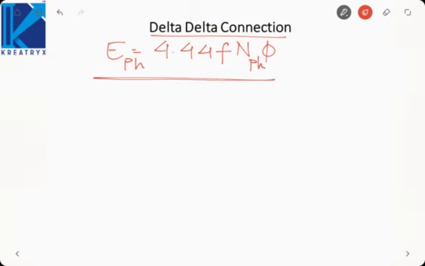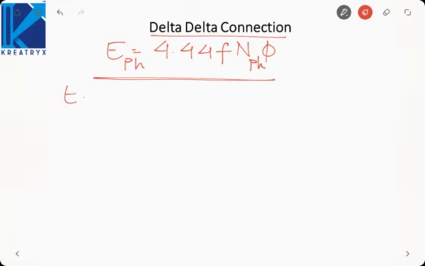Now the thing is, the EMF equation that we derived for a single phase transformer, that is EMF is 4.44 f N phi. But in case of 3 phase it becomes N phase and this becomes E phase. N phase is number of turns per phase, E phase is the phase EMF.